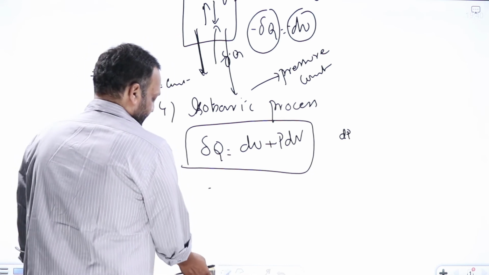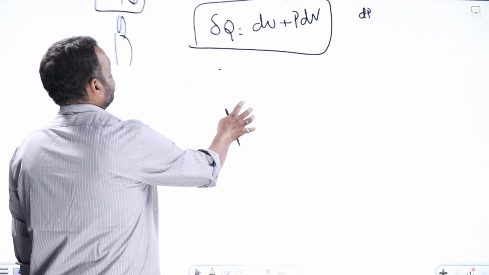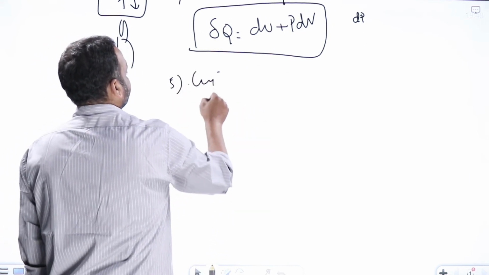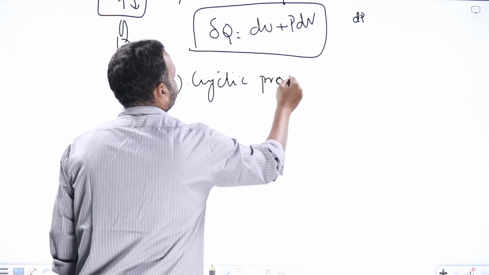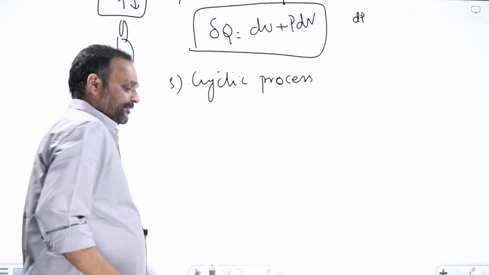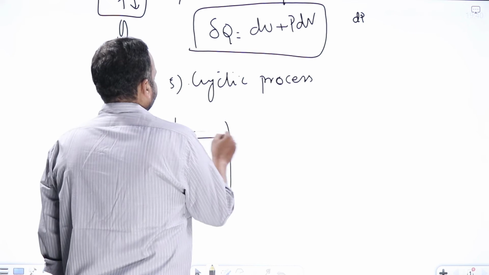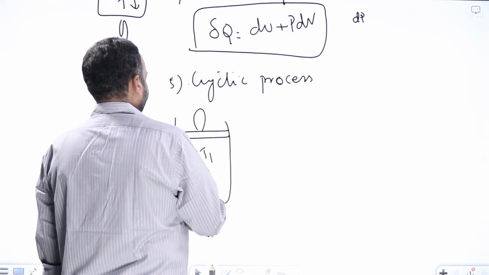The next process we come across is what is known as a cyclic process. The fifth process is a cyclic process. What is a cyclic process? The name itself says it: you start from some point. The gas is initially at some pressure P1, volume V1, temperature T1.